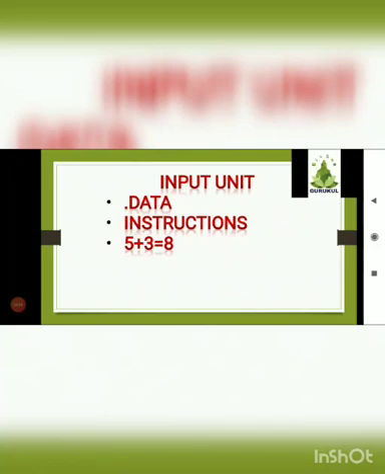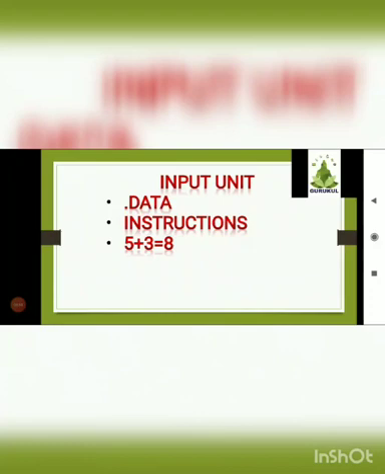Sometimes what happens is that whatever numbers or letters we are giving to the computer system, the computer doesn't understand, because the computer has its own language. We use our own language to communicate with the computer, but the computer doesn't understand our language.